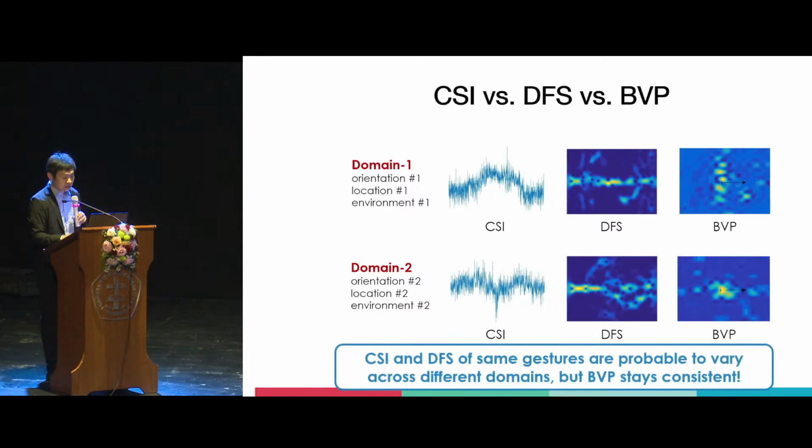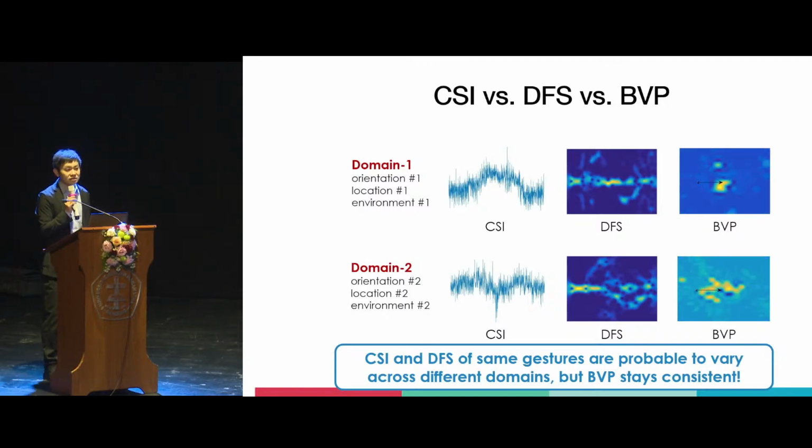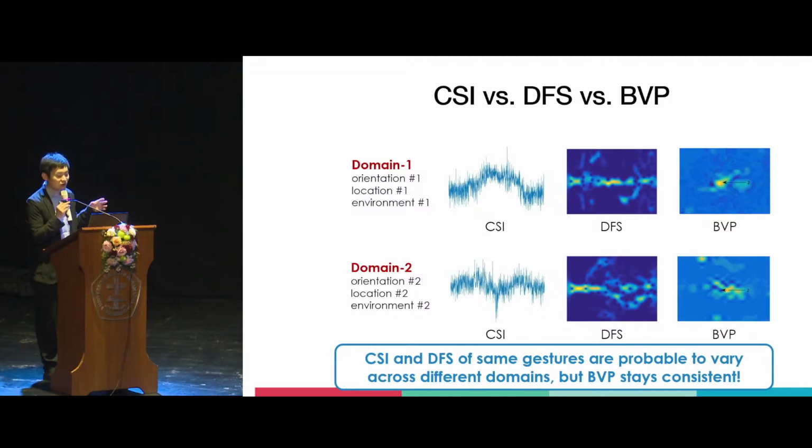This slide compares the traditionally used features, CSI, DFS, and the BVP, in different domains. The upper part of this chart is domain 1, and the lower part is domain 2. Here, a domain means the environment, positions, and orientations are all different for these two domains.